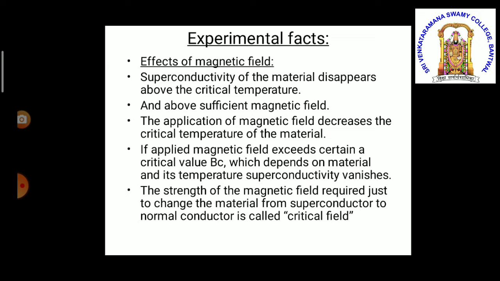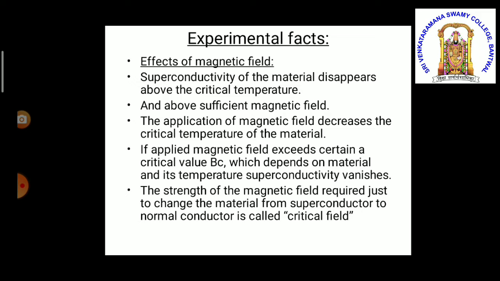First one, effect of magnetic field. Superconductivity of a material disappears if the temperature is raised. That we know. If the temperature is raised above the critical temperature, the superconductor becomes a normal conductor.